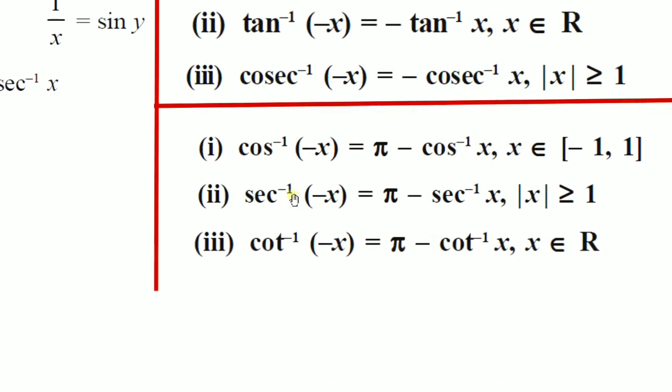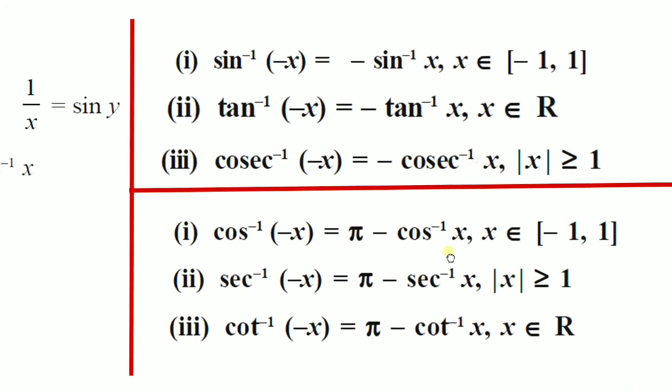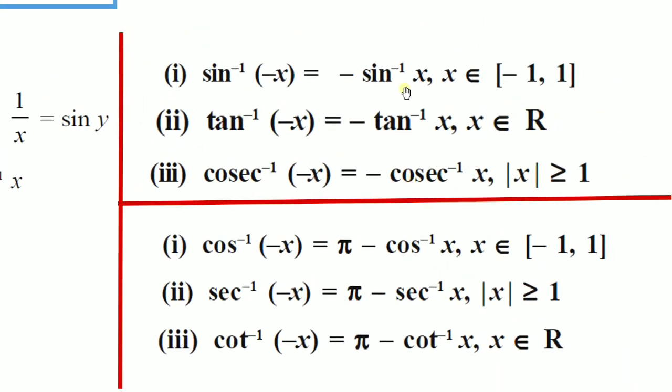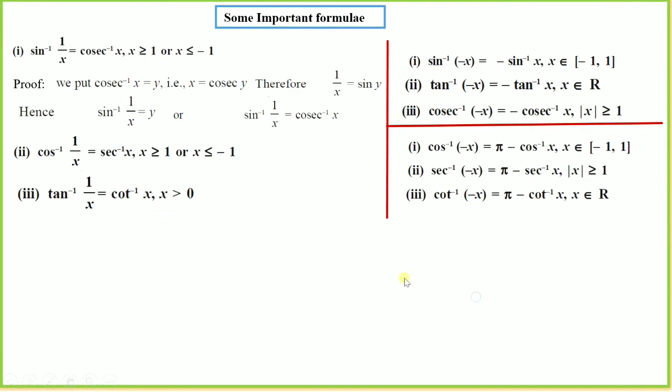Zooming in: cos inverse of minus theta is pi minus cos inverse theta, sec inverse of minus theta is pi minus sec inverse theta, and cot inverse of minus theta is pi minus cot inverse theta. Just see the basic difference between these two. You need to keep it in mind, as you will be using these formulae every time in the coming questions.